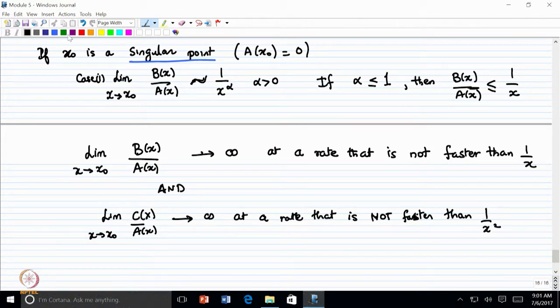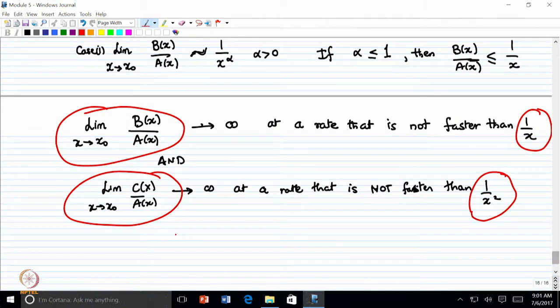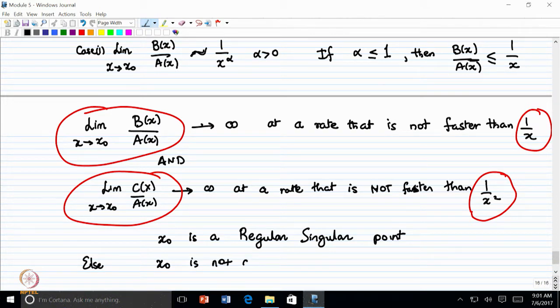So, if both these conditions are satisfied, then you say that x 0 is a regular singular point. Else, x 0 is not a regular singular point.